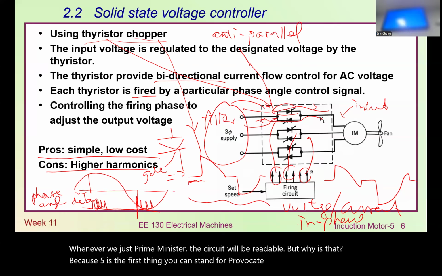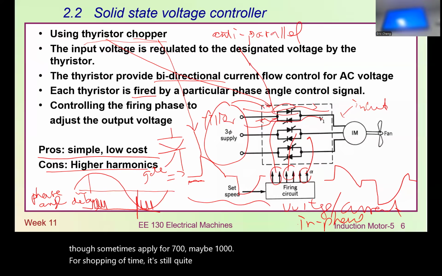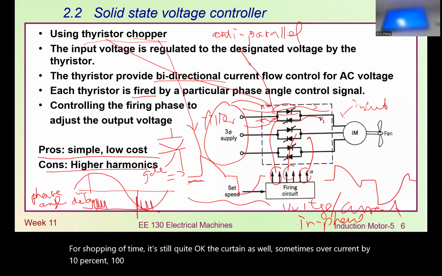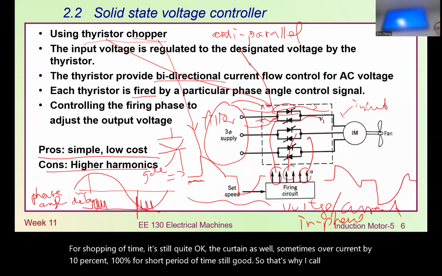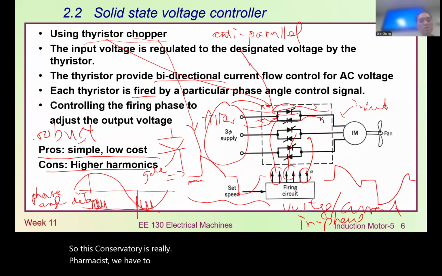Even though a thyristor is rated at, say, 500 volts, sometimes applying 700, even 1000 for a short period of time is still quite okay. The current as well: sometimes over current by 10%, even 100% for a short period of time, is still good. That's why I call it robust. That's how we can define the operation of the thyristor.